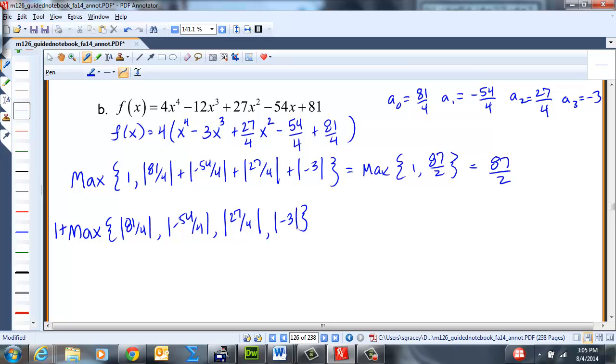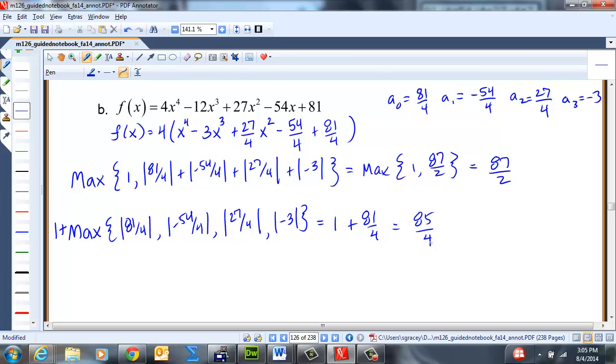And if you take a look at that, the largest of these would end up being 81/4, so that'd be 1 plus 81/4, which is 85/4. And the smaller of these two numbers is going to be the 85/4.